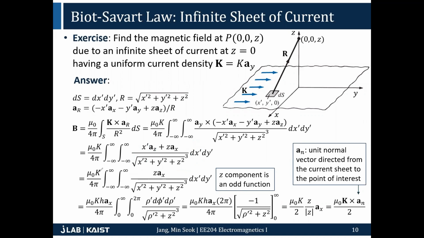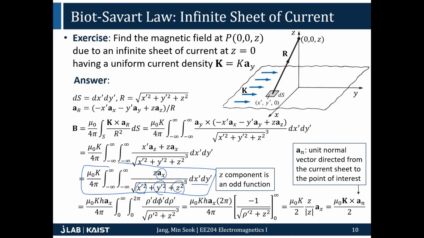And then you got this, only the Ax component. If you look at this equation, it doesn't look easy to integrate, right? Ax dx prime dy prime over the square root of x prime squared plus y prime squared plus z squared. It's not easy, but there is a standard technique.